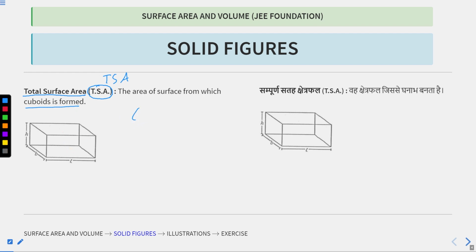We know we have 6 rectangular faces, or rectangular flat surfaces, each having an area we can easily calculate, because the rectangle area is equal to length times breadth.